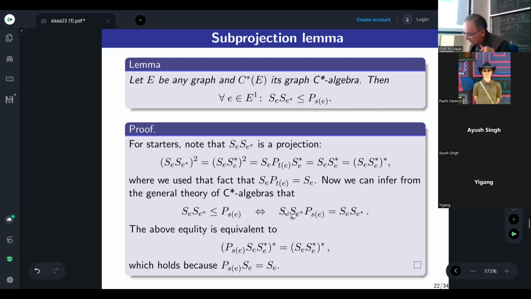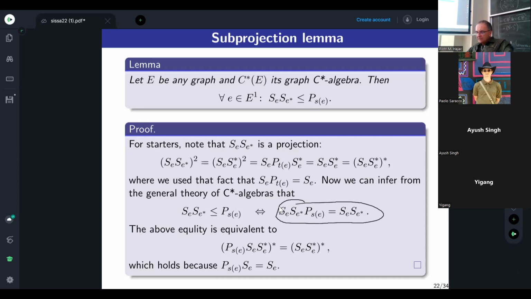I mean, what is supposed to be a sub-projection must somehow absorb the bigger projection. So the projection S_e S_e^* times this source projection must be equal to S_e S_e^*. Okay, that's by this general theorem, I believe. But the above equality is equivalent to the same equality star.